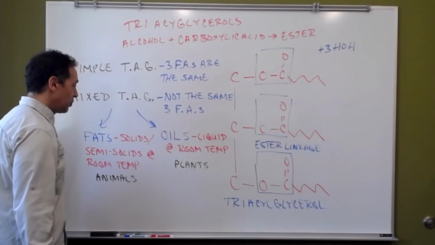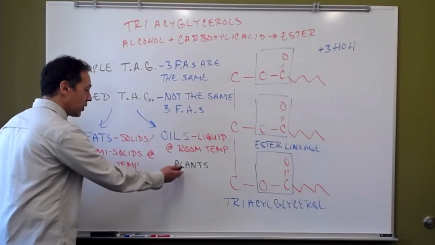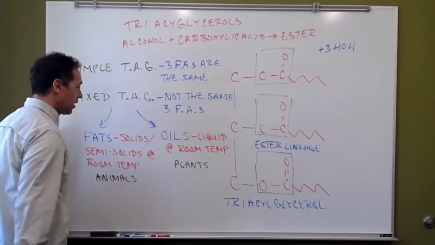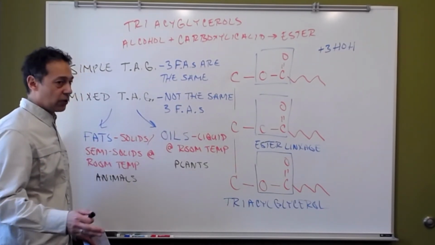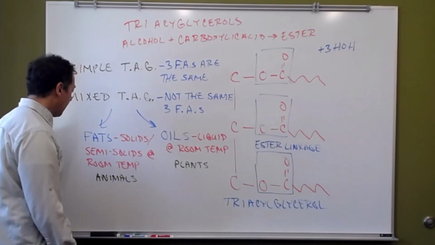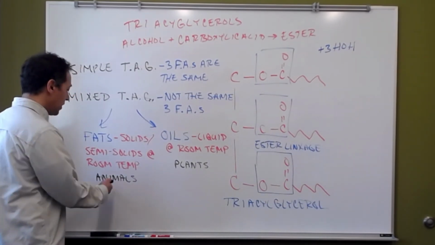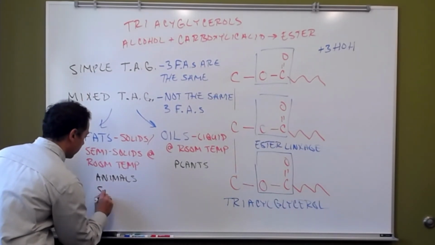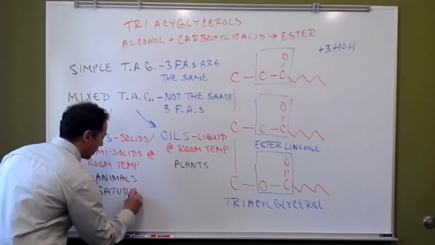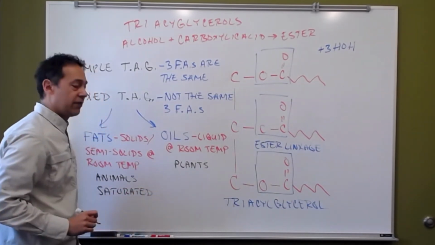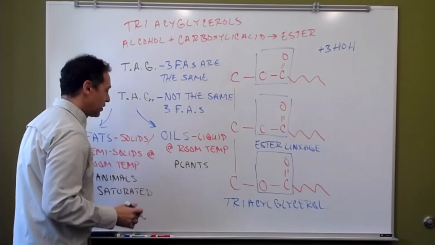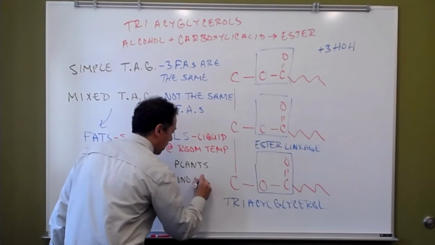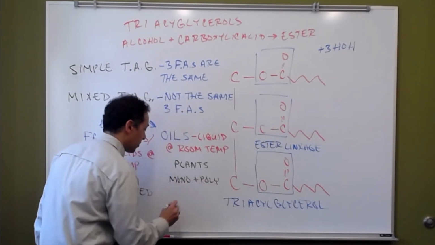Generally speaking, our oils are good fats, and our solids tend to be the bad fats, generally. And there's some nuance on this. Bad fats tend to be saturated fats, and then our oils tend to be mono and polyunsaturated.